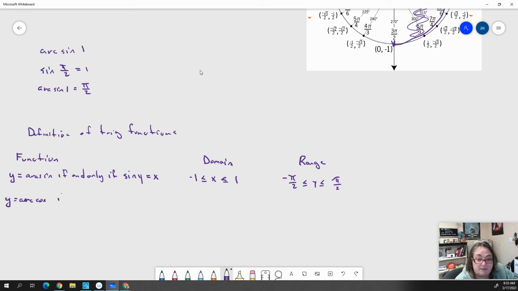Our function y equals arc cosine x if and only if cosine of y equals x.